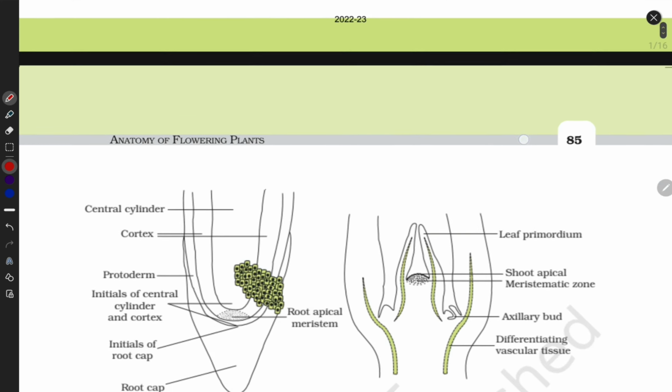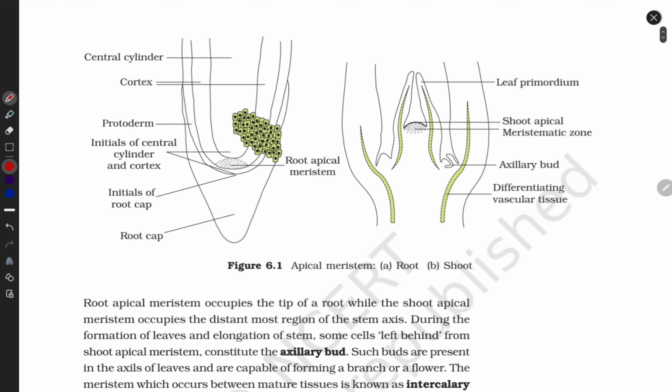Look at here. Diagram A represents the root tip, and diagram C represents the tip part of the shoot. Here root meristematic tissues are present. At the shoot part, the shoot apical meristem is present. Here RAM is present, here SAM is present.